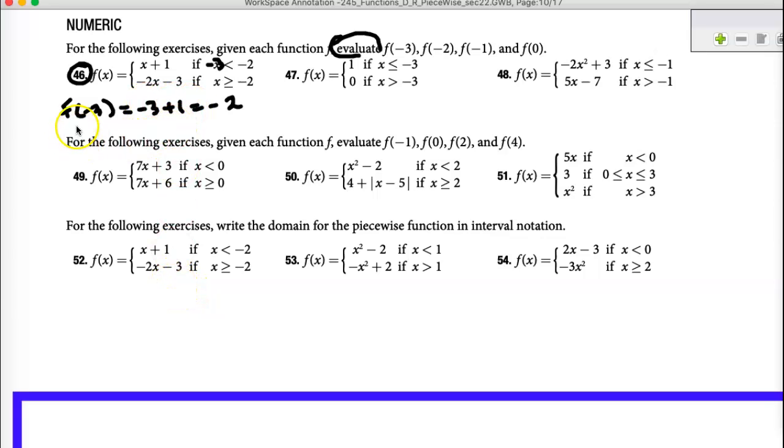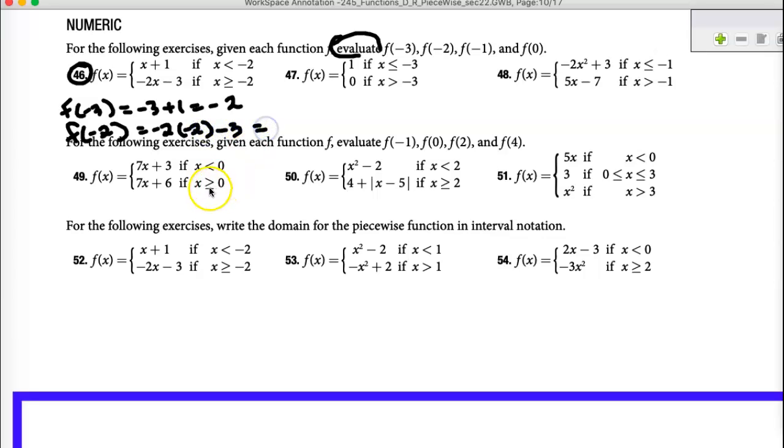Then when you evaluate f at -2, well, where does -2 fall? Is -2 less than -2? No. Is -2 greater than or equal to -2? Yes. So what this is going to illustrate is -2 times the quantity -2 minus 3.